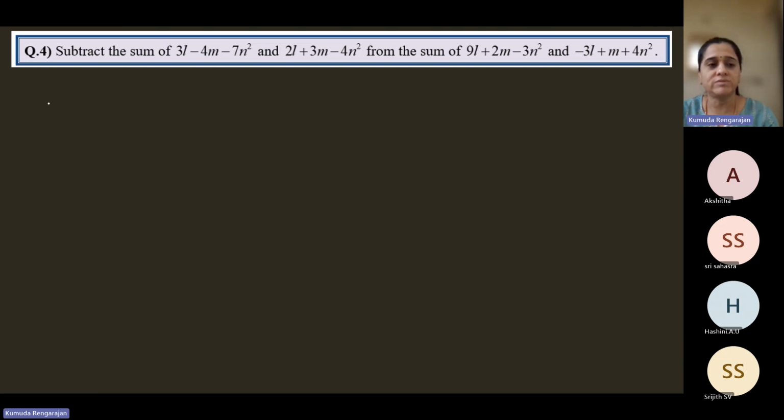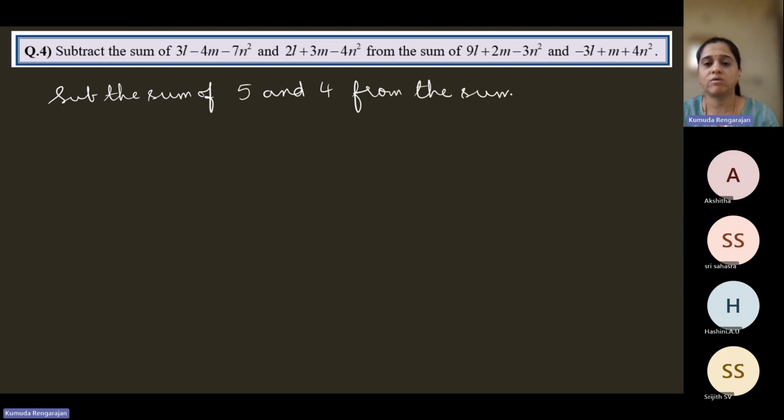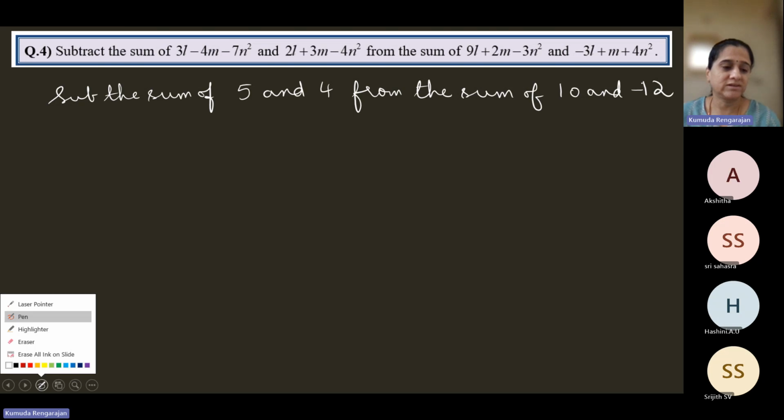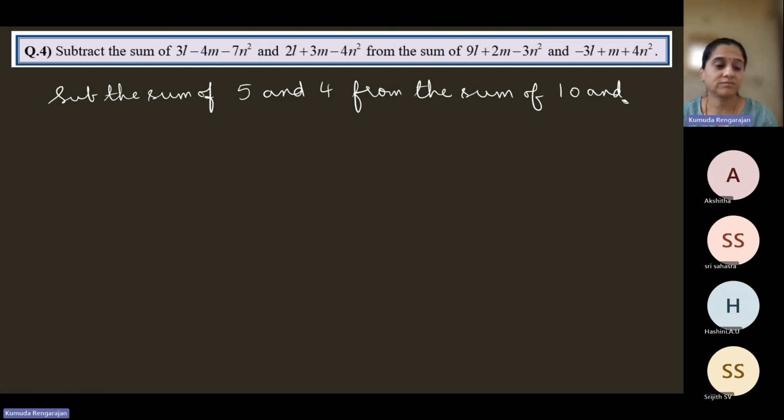So just use numbers to understand. Subtract the sum of 5 and 4 from the sum of 10 and 12. Just take simple numbers so that you understand the situation.